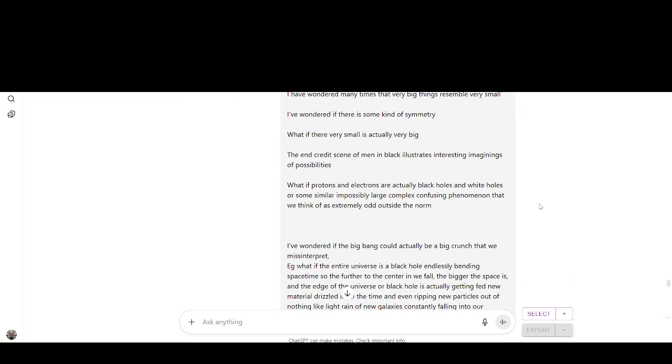Okay, so these were some thoughts I had earlier today. I've wondered many times that very big things resemble very small. Wondered if there is some kind of symmetry. What if the very small is actually very big? The end credit scene in Men in Black illustrates interesting imaginings of possibilities. If you haven't seen it, go watch it.